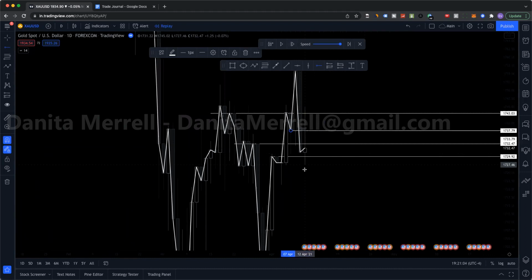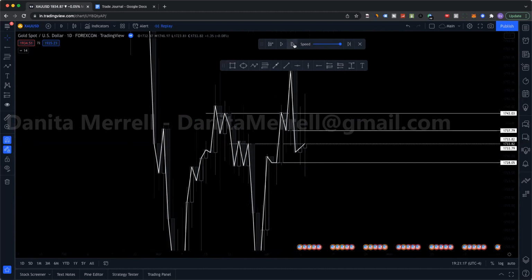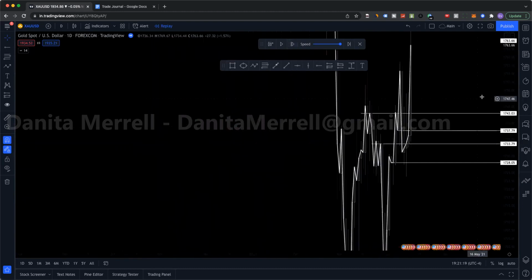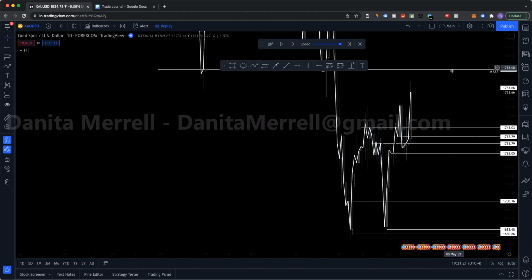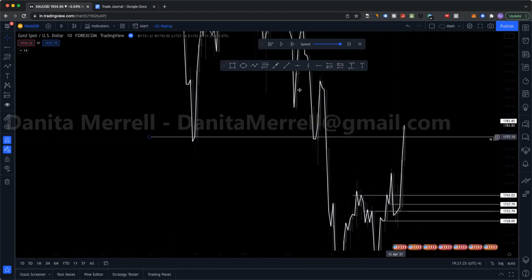Then you have this QM on the daily, so this is where that's going to fulfill some sort of daily need here, okay? So if we just look. Okay. And then here's our monthly RBS, completely broken through and shattered.